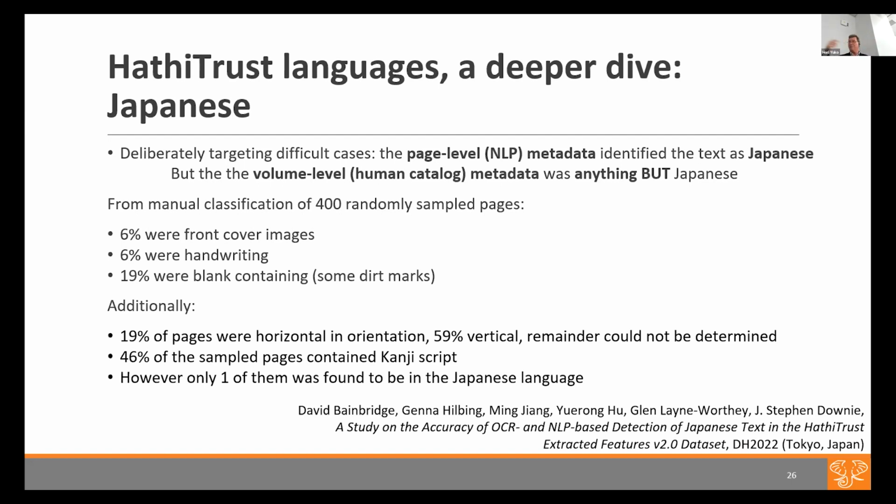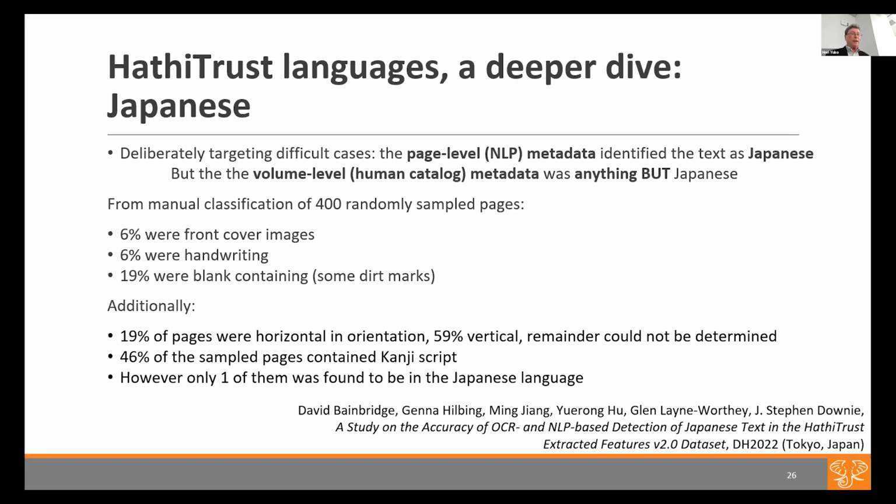We were visiting here in Japan and we were asked at one point, how good is the collection for Japanese in the HathiTrust? And it's not really good. There are a lot of mistakes, and even mistakes in the cataloging. We've applied some automated tools, saying, oh, we'll find some more Japanese by using a natural language processing tool.